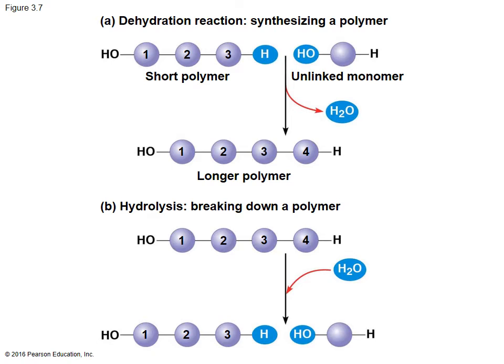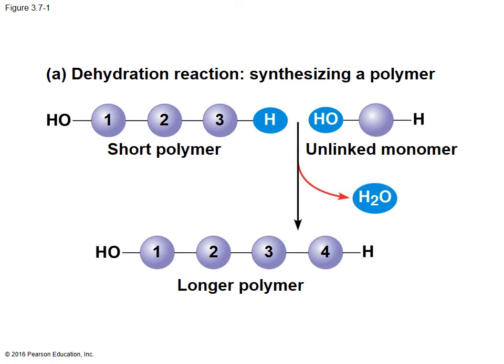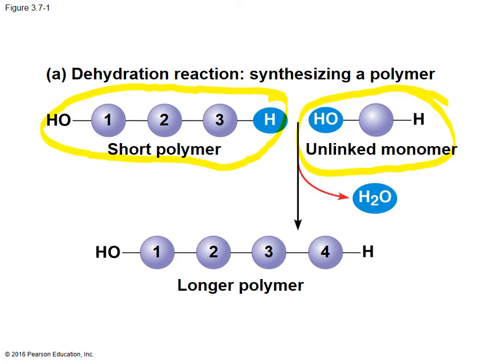So in a dehydration reaction, you are synthesizing, or making, or putting together a polymer. They give you an example where you have this short polymer here, and then you have one unlinked monomer that needs to be merged with the short polymer.